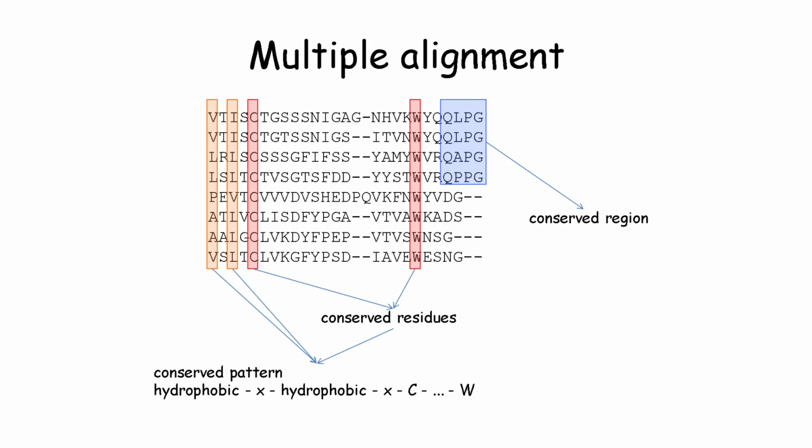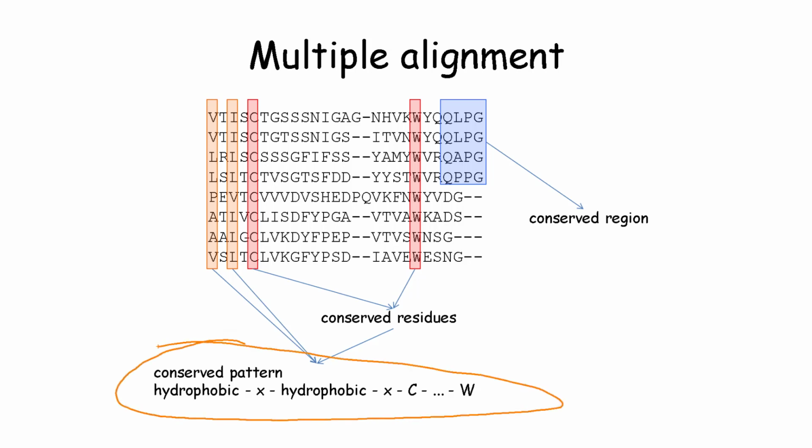residues. In protein sequences, sometimes the residues may not be strictly identical, but may share a common physicochemical property, such as being hydrophobic. It is often useful to summarize the set of conserved residues in the form of a pattern that can act as a signature for the proteins we have aligned.